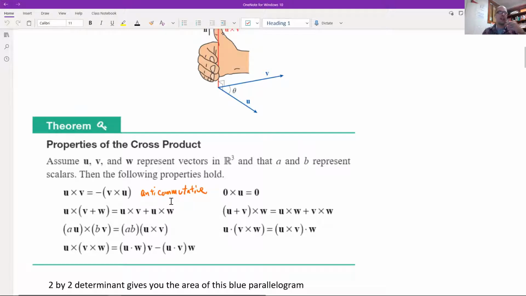So a big word, but that's cool. So we've got this anti-commutativity property. We have a lot of different flavors of the distributive property. This part is the distributive property with respect to vector addition.